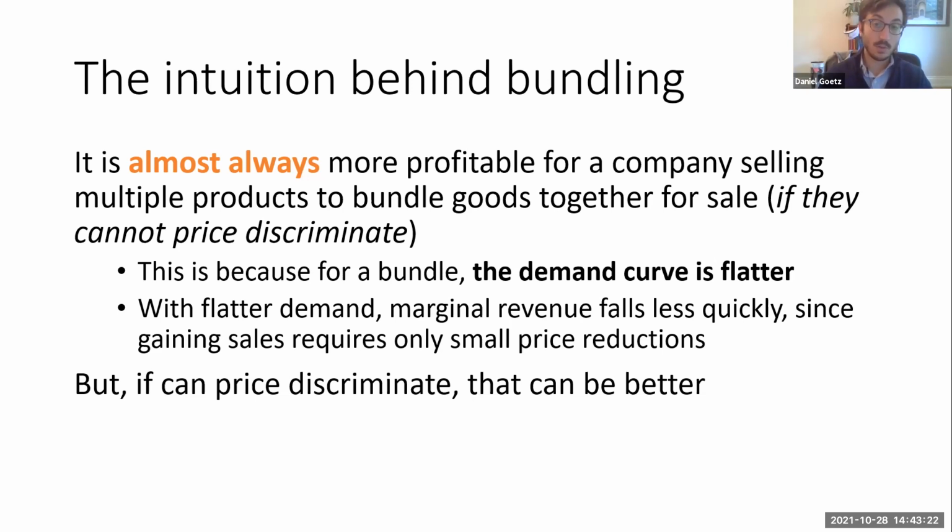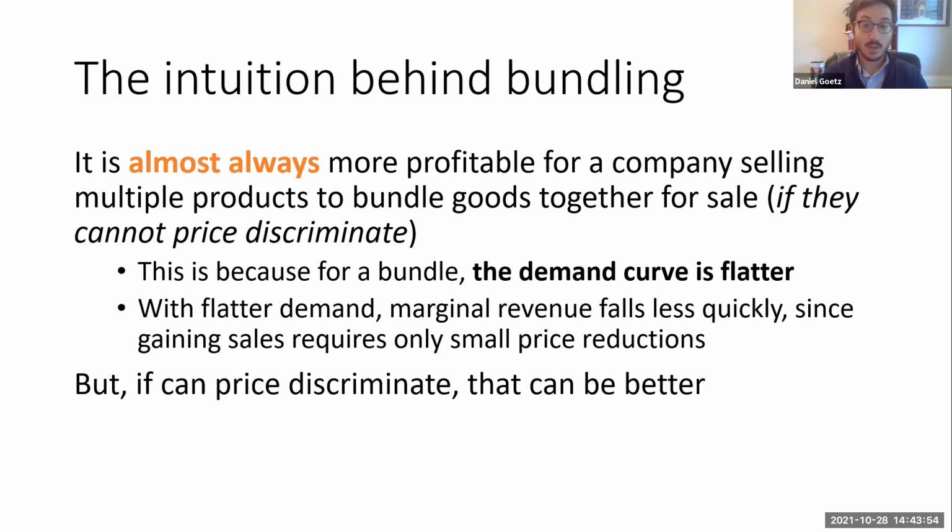In general, bundles have flatter demand curves than individual products, okay? That comes from mathematical properties of how we typically observe people's valuations out in the data. Given the distribution of people's valuations, when we add things up and look at the demand curve for that, it's almost always going to be flatter, okay? And so it's almost always going to be better to bundle.